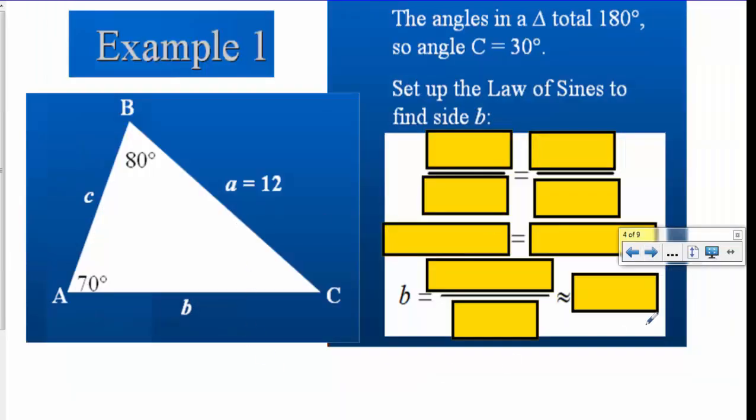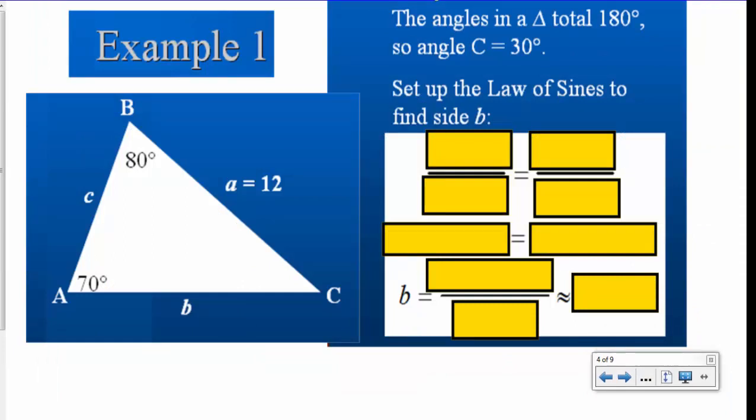Here's an example. We're given that angle B is 80 degrees, and notice that the side across from it is written with the same small letter b. If you always name the angle and the side with the same letter, law of sines works very efficiently and quickly. So we have angle B is 80 degrees. I don't know the side across from it.